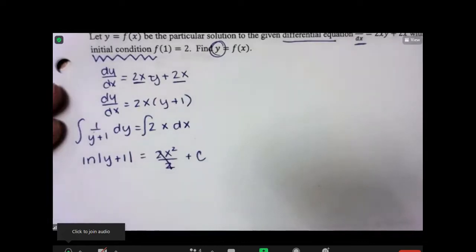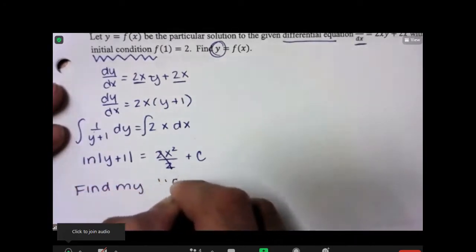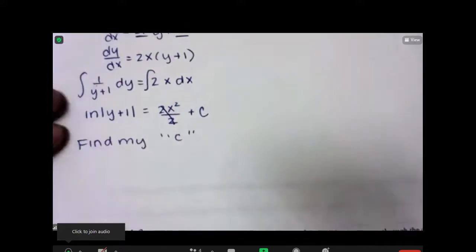Now personally, I like to find the c value now, then solve for y. So at this point, I like to find my c. I think it's easier algebraically. Usually the natural log works out to be something sort of simple.